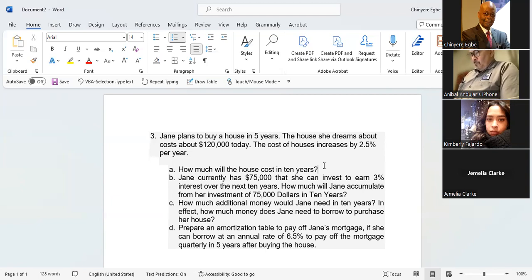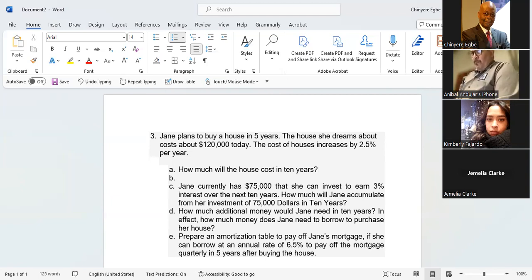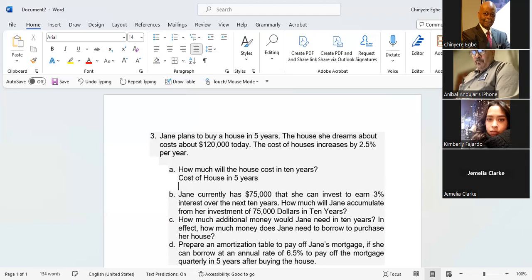In 5 years, the cost of the house. Okay, so I'm going to mark this. Five years, it's a future value problem.